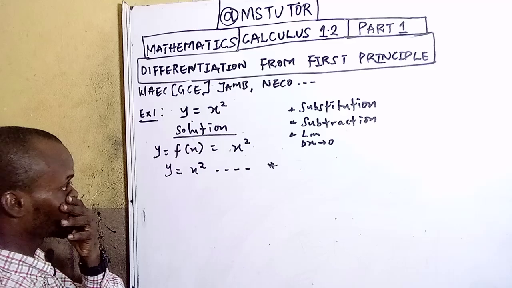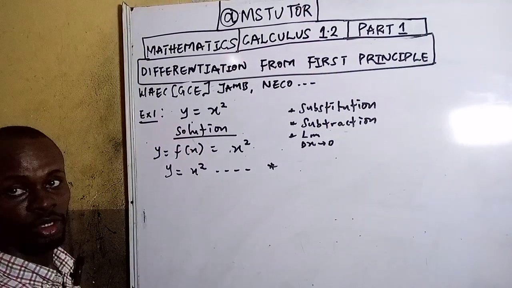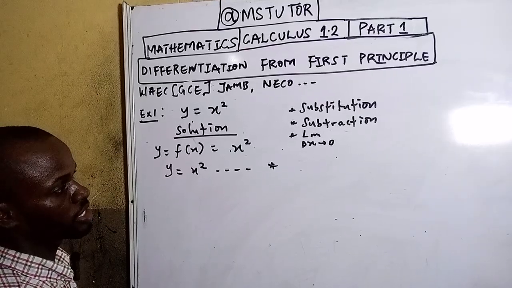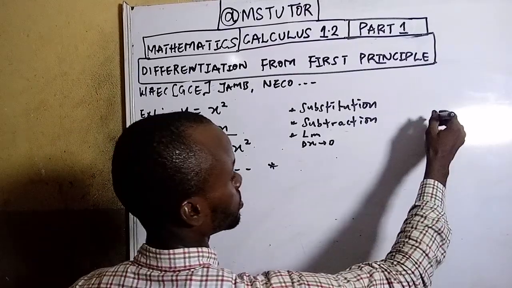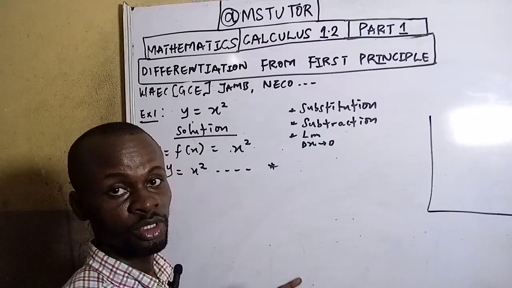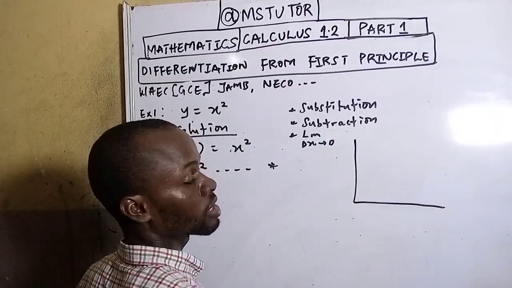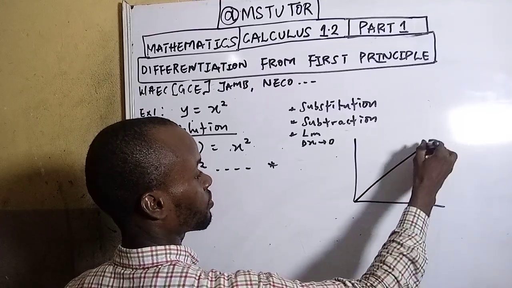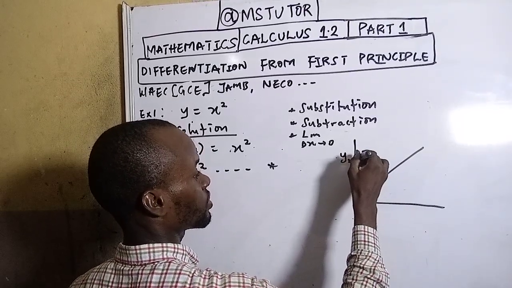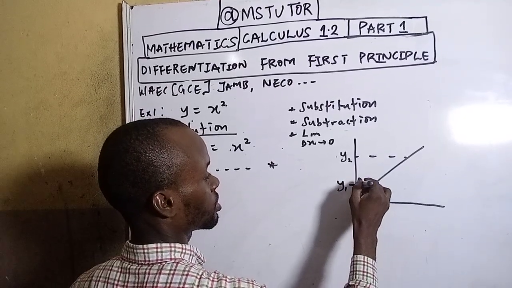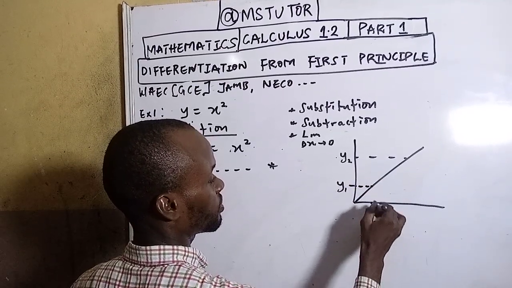So now for the substitution stage, there's something you need to know. The graph we drew earlier, do you get that now? This particular expression. But I said that for you to find the gradient, let's say this piece is 1, 2, and then 1, 1. So the corresponding value will be this one.